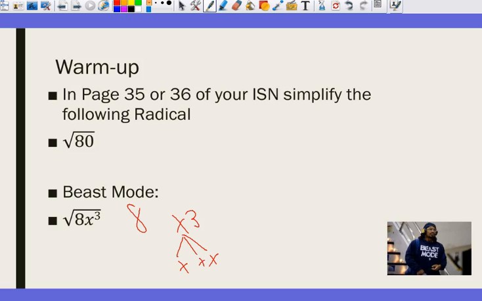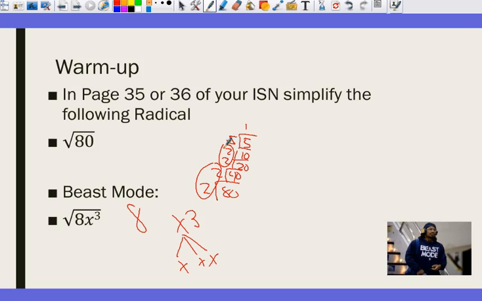I'm going to do a birthday cake method first. Birthday cake method, you would have the 80 on the bottom. 80 is divisible by 2. You would get 40 left over. 40 is divisible by 2. You would get 20 left over. 20 is divisible by 2. You get 10 left over. 10 is divisible by 2. You get 5 left over. 5 is divisible by 5, and you get 1 left over. Okay? How many pairs do you have here? You have a pair here and a pair here.